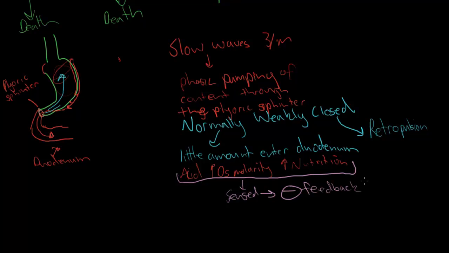is that it begins a negative feedback which causes the strong shutting of the pylorus. Remember up here I said weakly, now the strong shutting. Now that's going to cause more retropulsion.